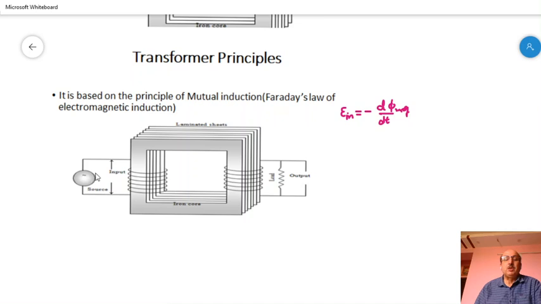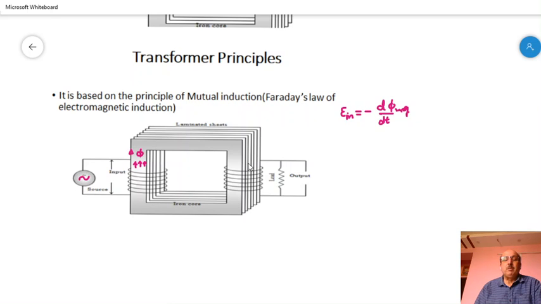So the source should have such a current which produces a magnetic field that changes with time. That's why the flux will change. Here the primary coil will produce the flux, and this flux is regularly changing with time because the source voltage is regularly changing.